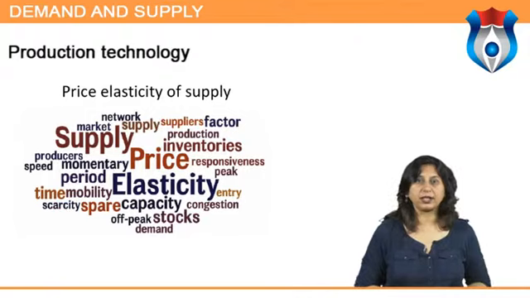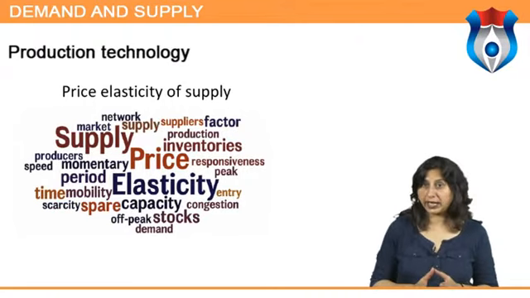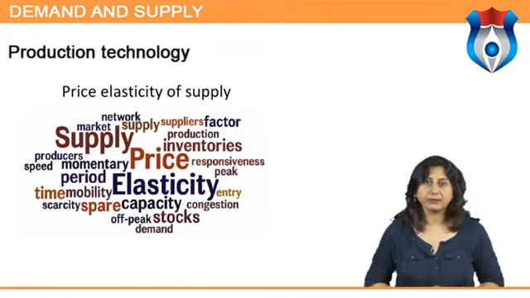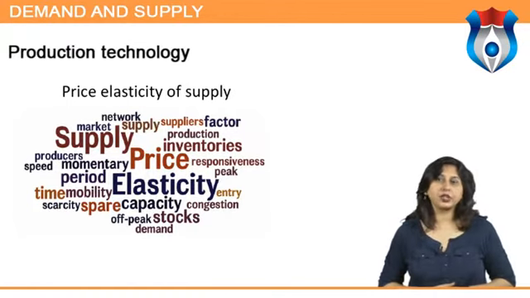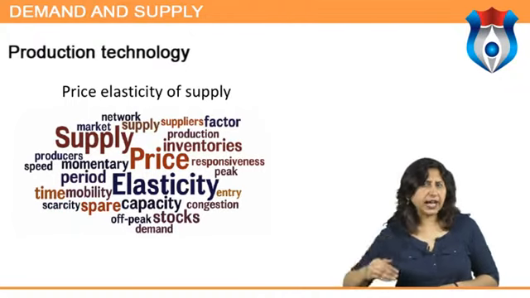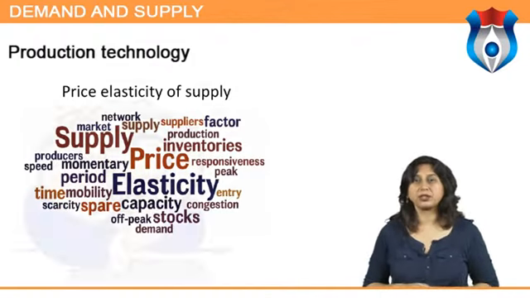Production technology: technology is what producers know about the ways to combine inputs into the production of outputs. An advance in technology makes it possible to sell more of a good. A decline in technology means producers can sell less of a good.